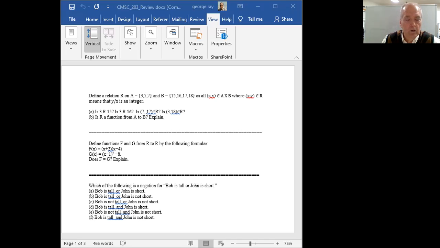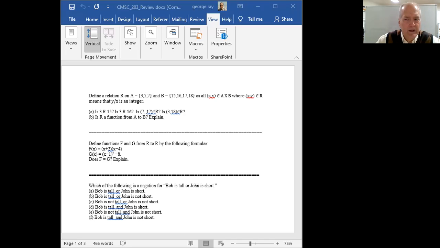Okay, let's take a look at the second question. The two elements for a function. Yeah, exactly.